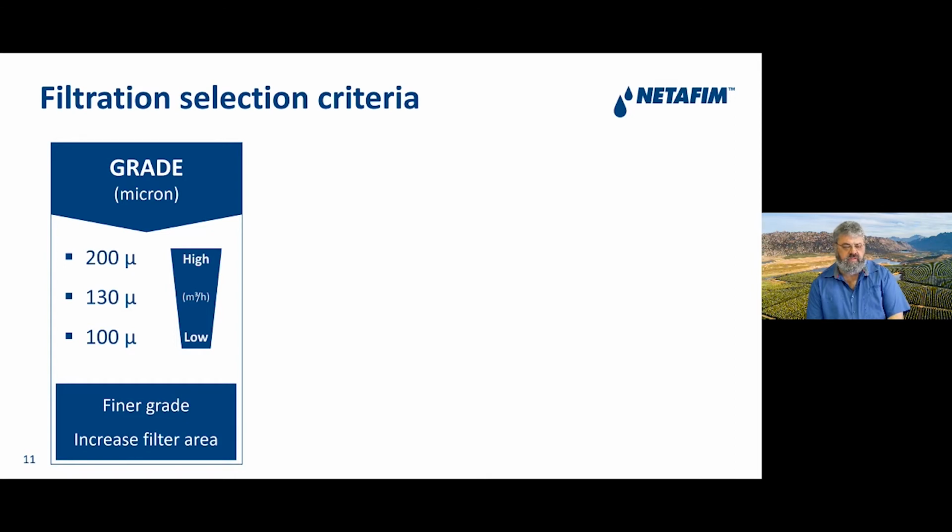And the finer the micron is, the more filtration area I require for the same flow rate. So I can put a higher flow rate through a 200 micron than I can put through 100 micron. So if my flow rate is fixed and I determine that I need 100 micron filtration, then I must increase the filtration area to accommodate for all the criteria.